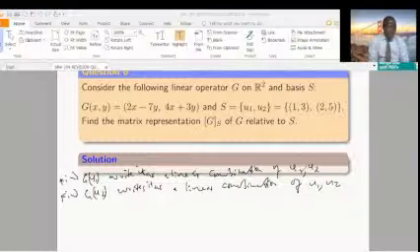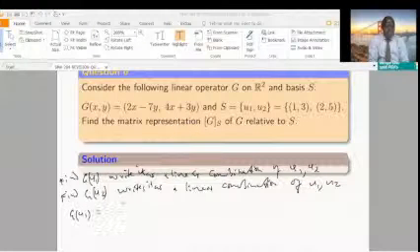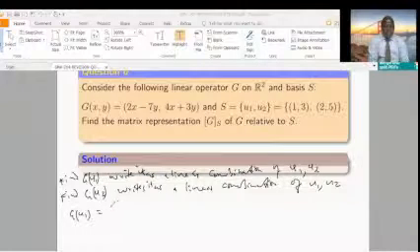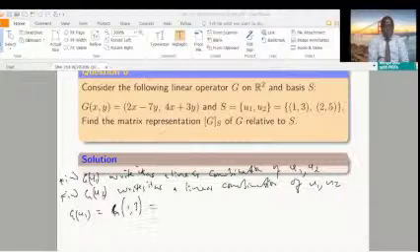Now, let's do this question. Let's first of all find G of U1. G of U1 is the same as G of (1, 3), because U1 is (1, 3). So where there is x, put 1, where there is y, put 3.